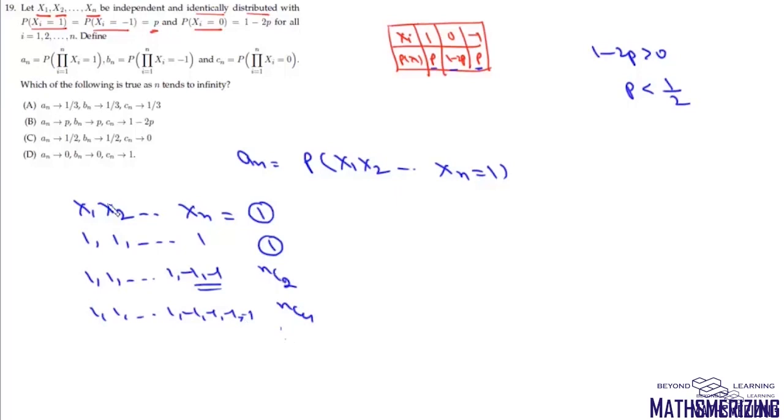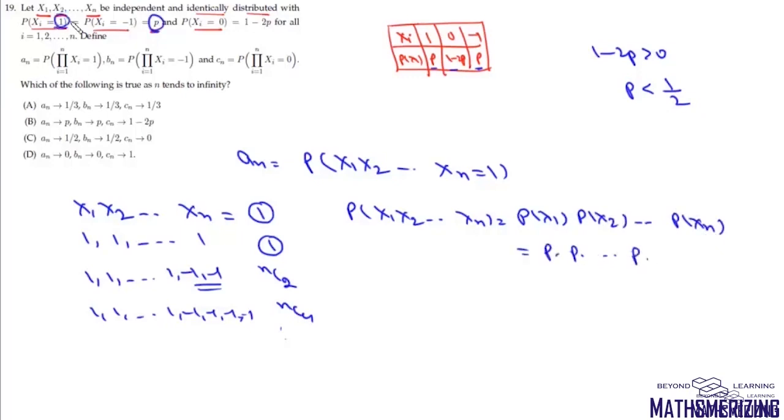Now since all these distributions are independent, in any scenario P(X1 X2 ... Xn) will be P(X1) into P(X2) into P(Xn). It will be simply p into p into p, n times, because for plus 1 this probability is p and for minus 1 also this probability is p. For each of these conditions this probability will be p into p into p, n times, and that should be p to the power n.